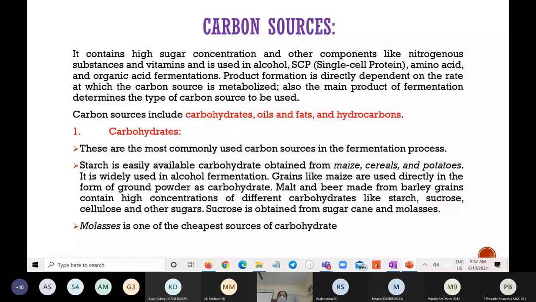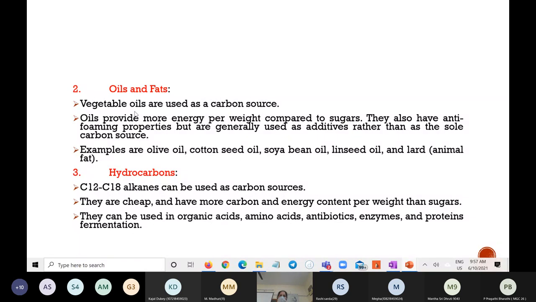And second is the oil and fat. Oils and fats are used again as a carbon source and they provide more energy per weight compared to sugar. They also have anti-foaming properties and are used as additives. The majority of the carbon source we use in the media is in the form of sugar.